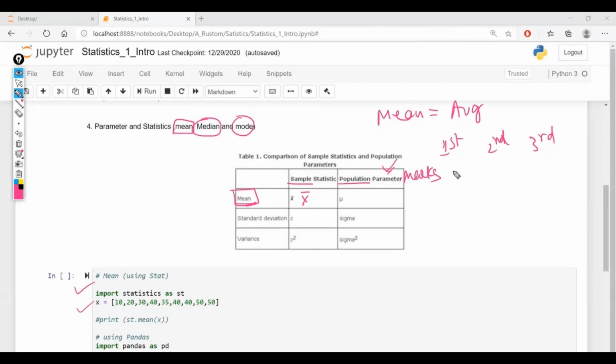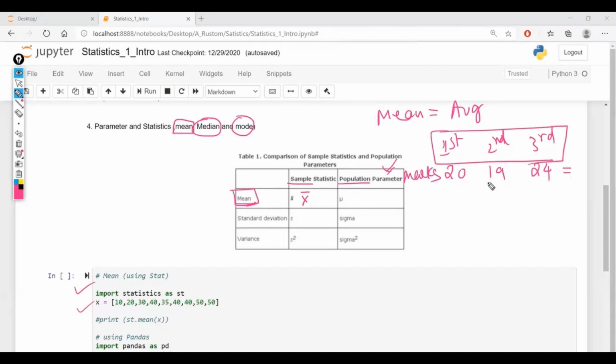In the first test you have taken, out of 25, maybe a 20. In the second test you have taken 19, and in the third test you might have taken 24. So the final score is basically the average of all these three.